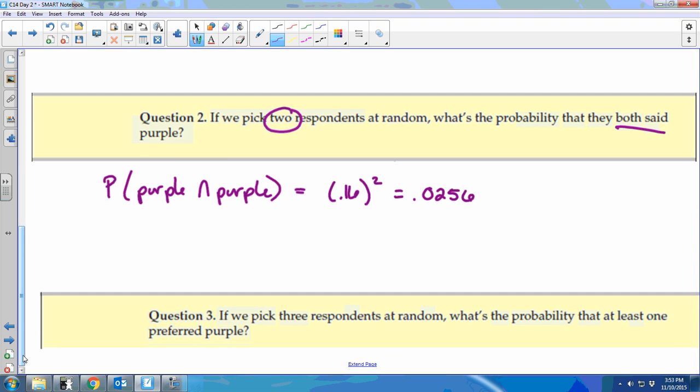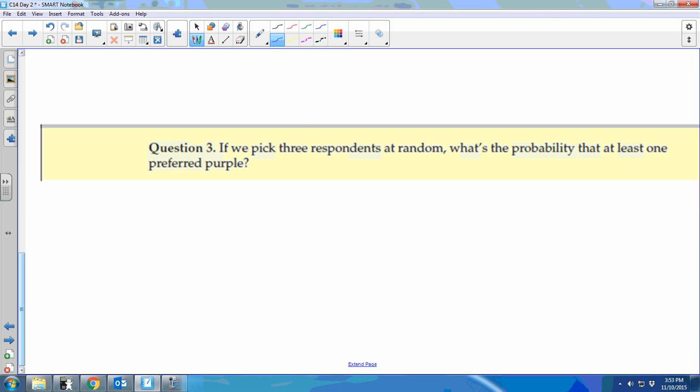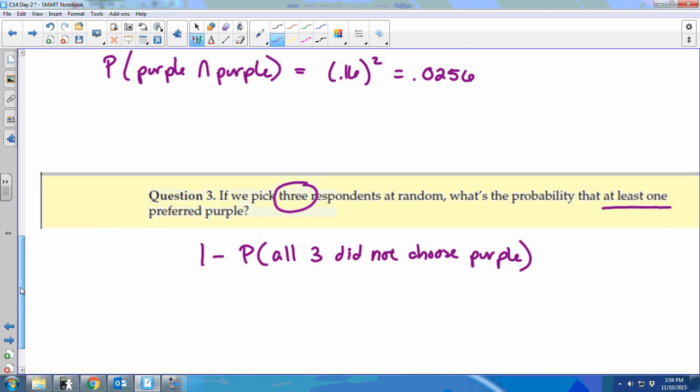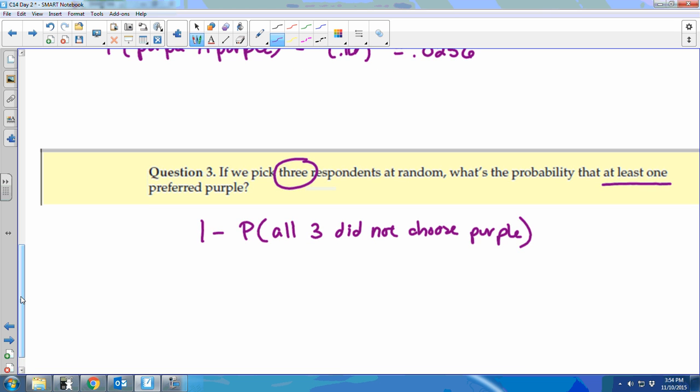And the last question, if we pick 3 respondents at random, what's the probability that at least one preferred purple? So again, it says at least one. That gets complicated. So we'll do 1 minus the probability that all 3 did not choose purple. So the probability of choosing purple is 0.16.